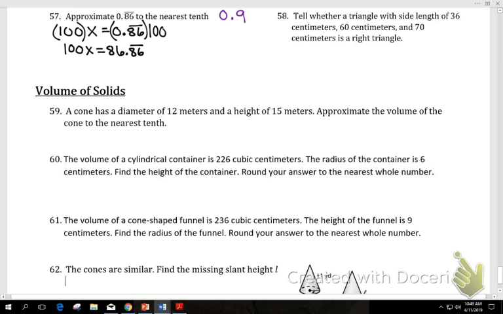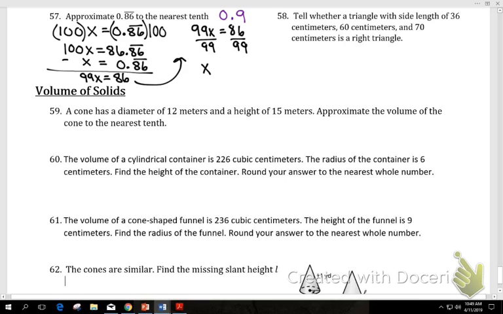The next step eliminates it. Go ahead and try to write the next step. What did you subtract? 99x equals 86, so x equals 0.86 repeating. All right, and then divide both sides by 99, and it doesn't reduce. You just leave it, 86 over 99.